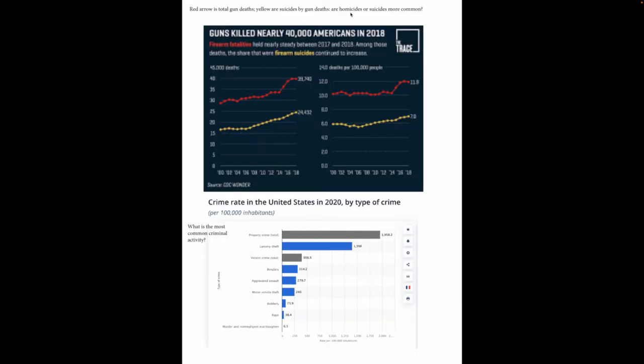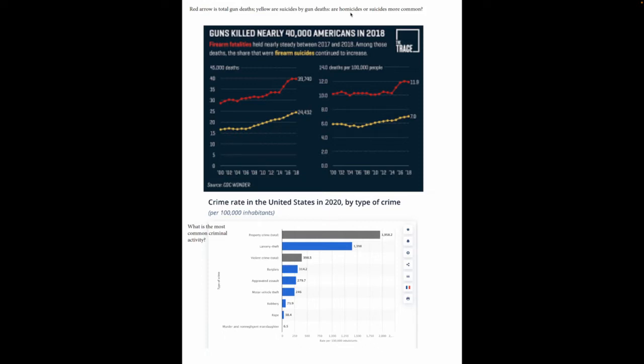The next one I want to show you is in the text I give you. Is there a pattern here that you see? It's inclining, it's going up. And these are all shooting deaths in 2018, and the red line represents all of the deaths, and the yellow line represents suicides.